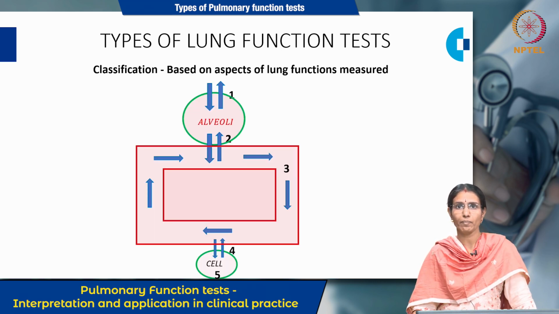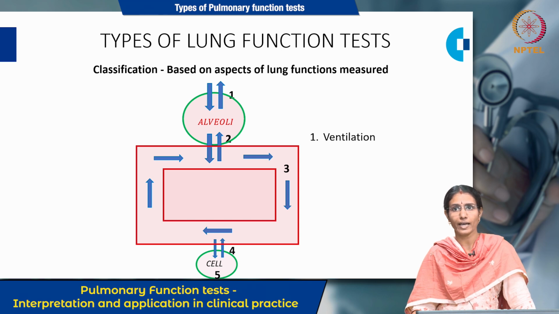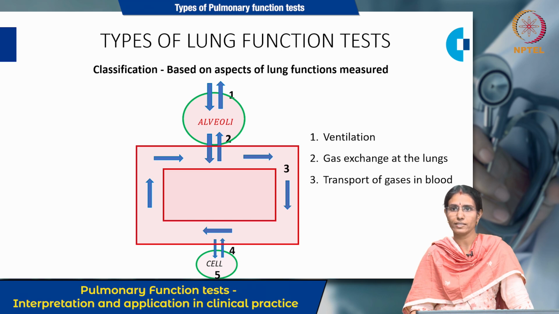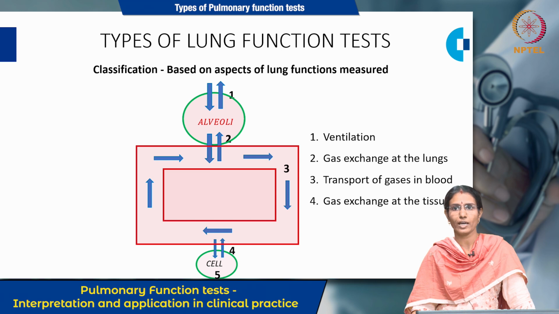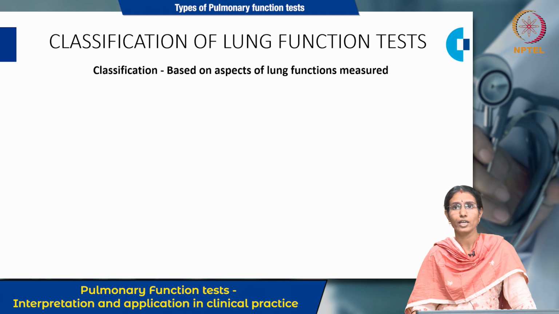This is the schematic representation of the respiratory system, and the goals of a respiratory system are ventilation, which refers to the air which moves in and out of the respiratory tract, and then at the alveoli, the functional unit, gas exchange happens, and following that the gases are transported in the blood and they reach the tissues where again gas exchange happens, and these gases are used for cellular oxidation. So, these are the 5 goals of the respiratory system, and the classification of pulmonary function tests is also based on these goals of the respiratory system.